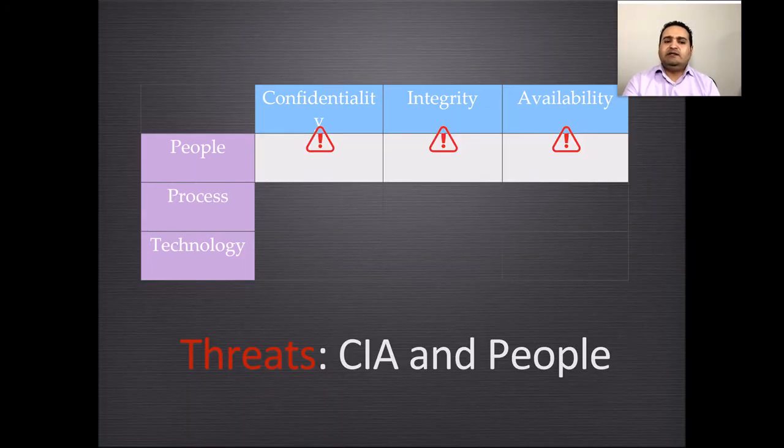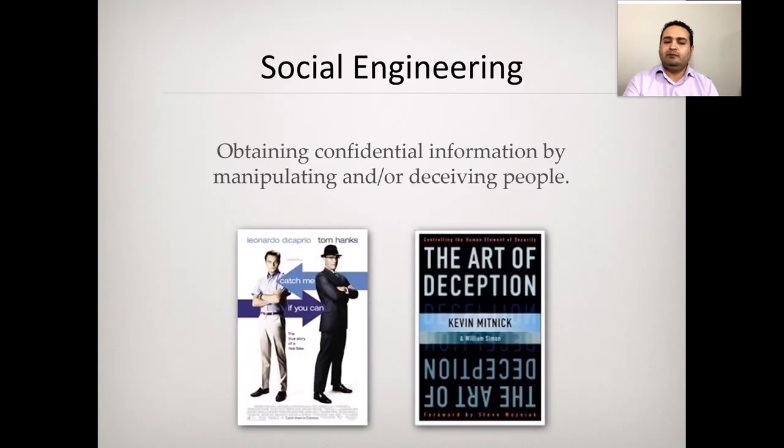So let's look at the first combination of people and the CIA, or the threats that can be imposed on the CIA involving people. One of the first threats that can involve people is social engineering. You might have watched this movie before.